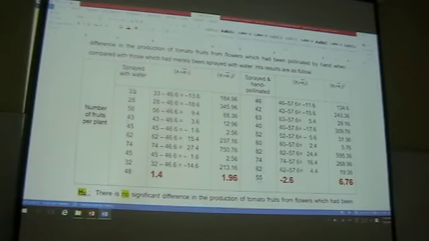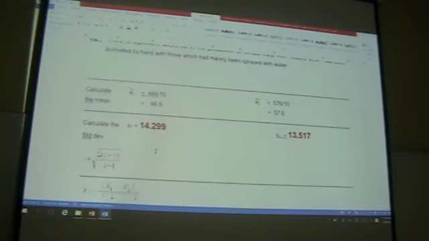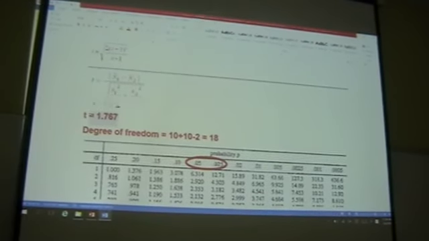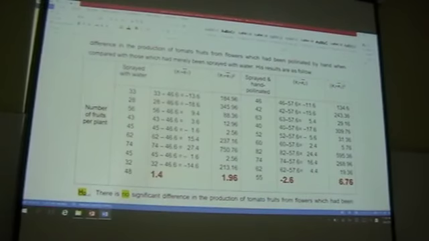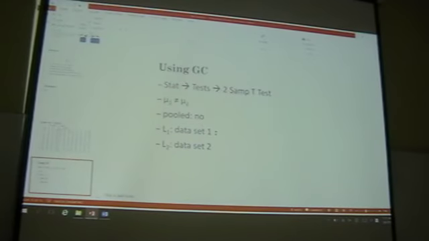Please key in data set 1 as L1, data set 2 as L2. Then after you key in, you should get t equals to 1.767. I will switch back to the screen for this one, then you can look. Please make sure you get 1.767. Please try out.